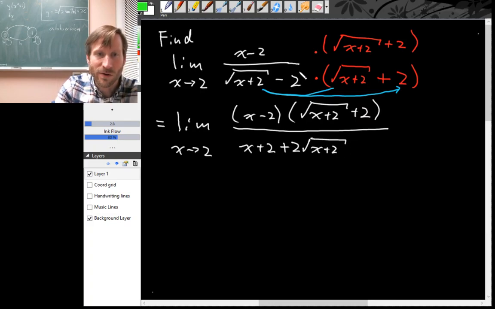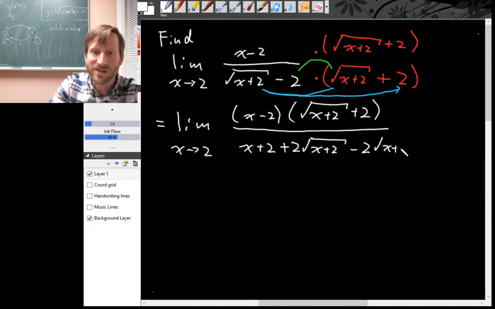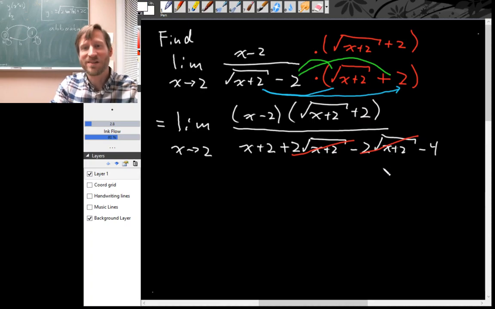All right, now we get these two products. That's minus 2 square root x plus 2. And then finally, minus 2 times plus 2, so that's minus 4. And if you look carefully, we get some nice canceling that happens. This 2 square root x plus 2 cancels with minus 2 square root x plus 2.